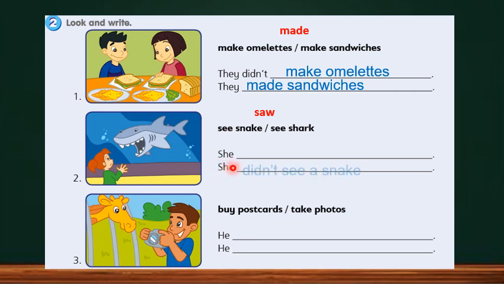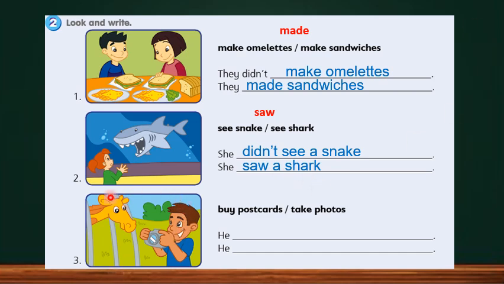She didn't see a snake. She saw a shark. Please pay attention again that the word behind the auxiliary verb should be the base word, and we have to use past tense in this sentence. See becomes saw. She saw a shark.